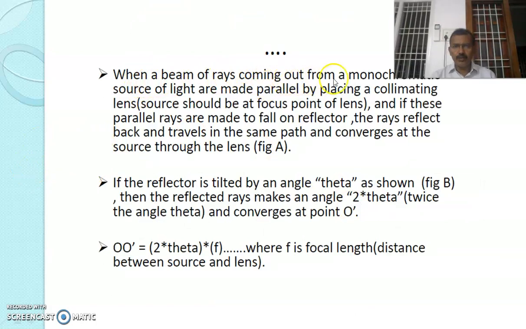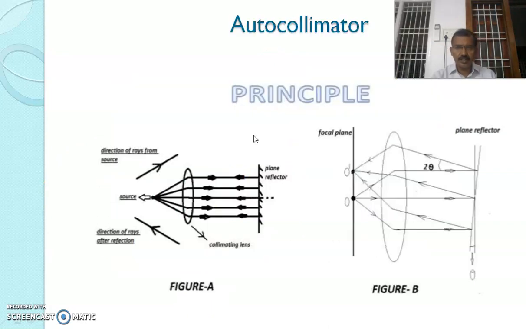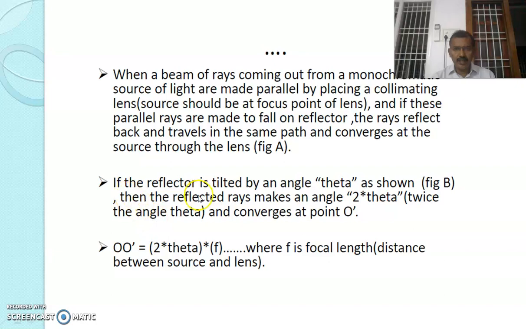When a beam coming out from a monochromatic light source is made parallel by a collimating lens, and these parallel rays fall on a reflector, the rays reflect back, travel in the same path and converge at the source through the lens, as in figure A. If the reflector is tilted by an angle theta as shown in figure B, the reflected rays make an angle 2 theta and converge at point O dash.